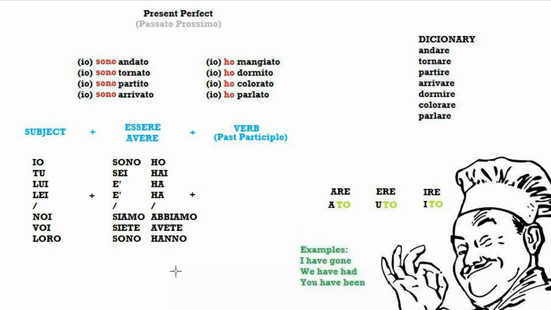What is the past participle? For instance, the verb to go goes go, went, gone. And gone is the form that you need, okay?